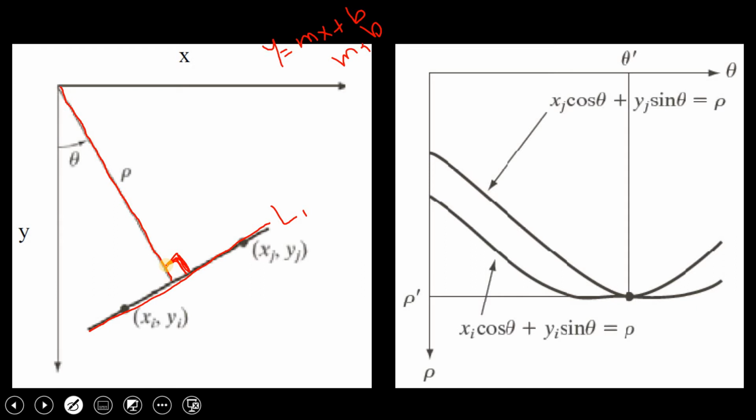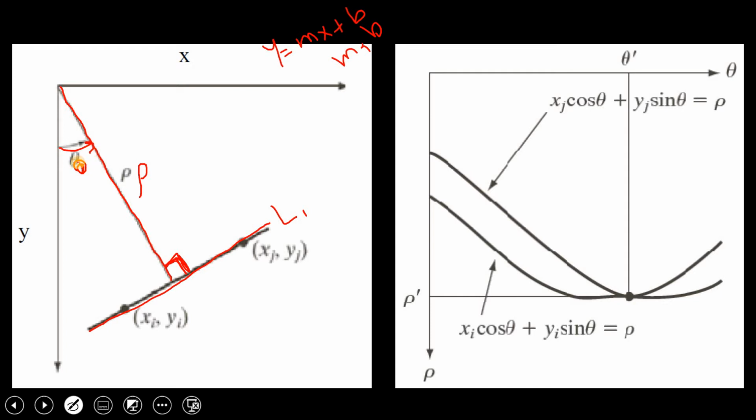We note down the length of this line and we call it rho. This is another special symbol, rho, which represents the length of this line. This perpendicular line will have some angle that we calculate from the y-axis, and we call this angle theta.